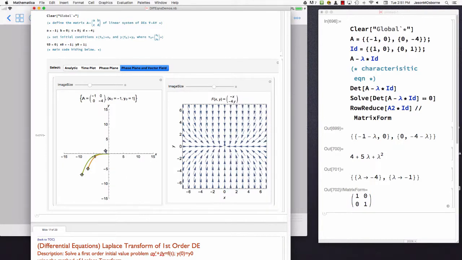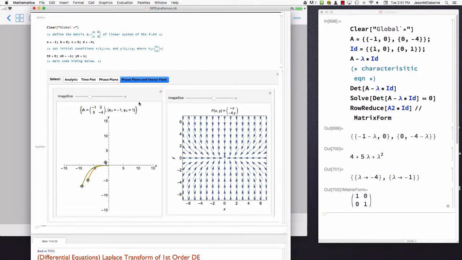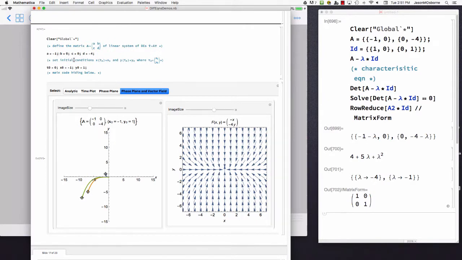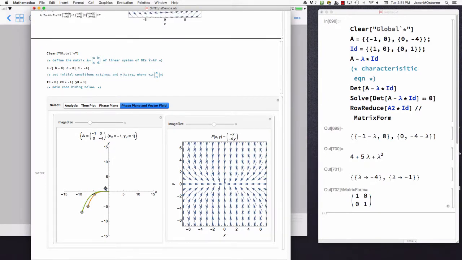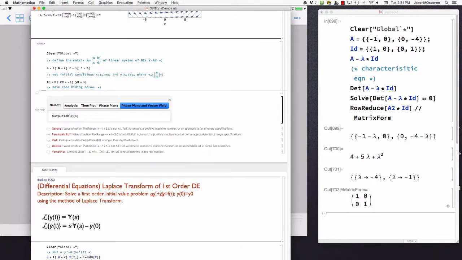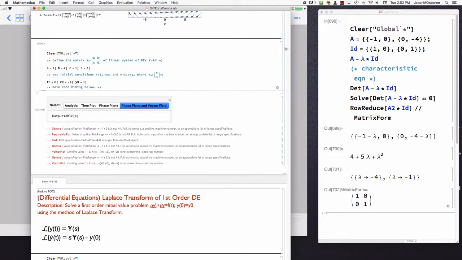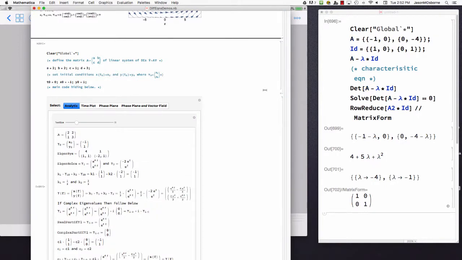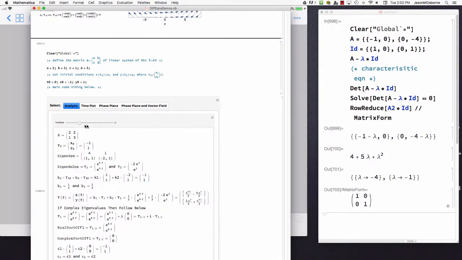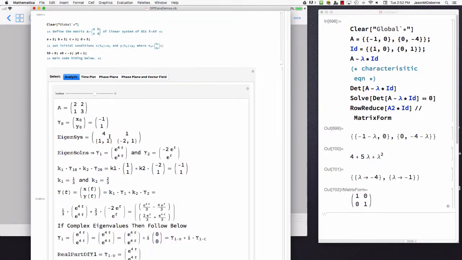If you switch this up and look at the source, here's an example of the matrix 2, 2, 1, 3. Recompute this problem. And we can see here that the eigenvalues come out to be 4 and 1.